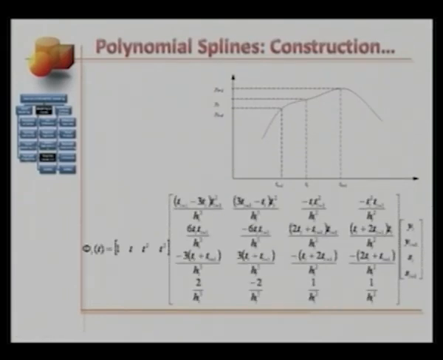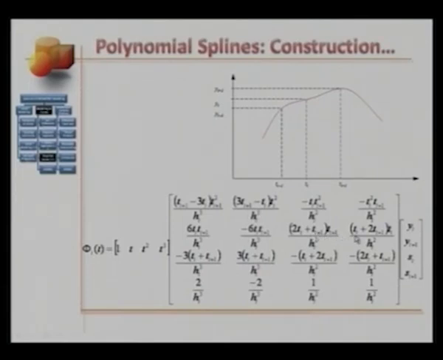Okay, let me read out the terms. The first term, t i plus 1 minus 3 t i times t i plus 1 squared over h i cubed. 3 times t i plus 1 minus t i times t i squared over h i cubed, minus t i plus 1 squared over h i squared, minus t i squared t i plus 1 over h i squared. Second row, 6 t i plus 1 over h i cubed, minus 6 t i plus 1 over h i cubed, 2 times t i plus 1 times t i plus 1.